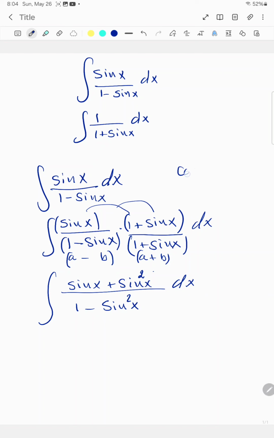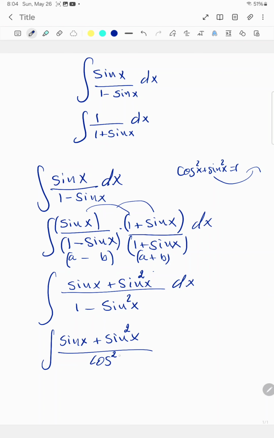I'm using that formula, cosine square of x plus sine square of x is equal to 1. So 1 minus sine square of x is equal to cosine square of x. So my integral becomes sine x plus sine square of x divided by cosine square of x dx.